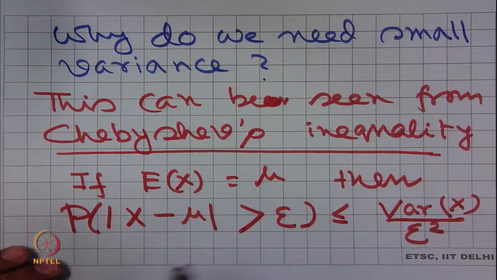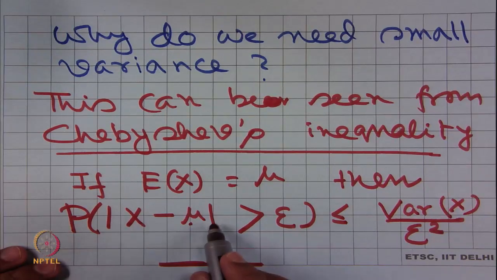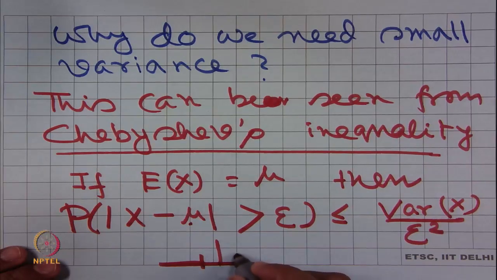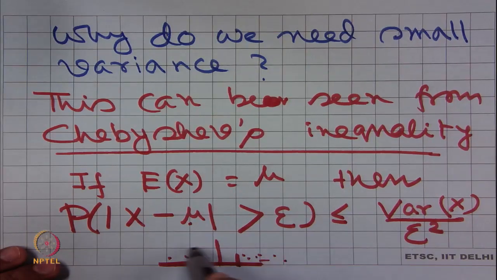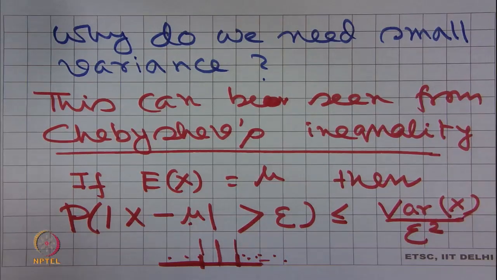That means, if mu is the expectation, that probability x minus mu greater than epsilon. So, if we take this epsilon, that means the probability that x will lie outside this limit is going to be less than or equal to variance of x upon epsilon square.